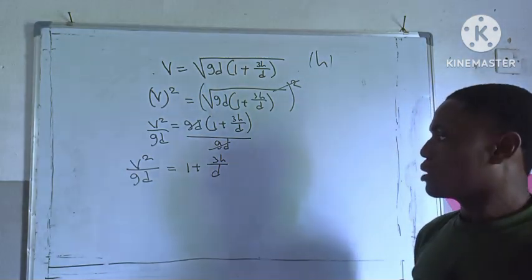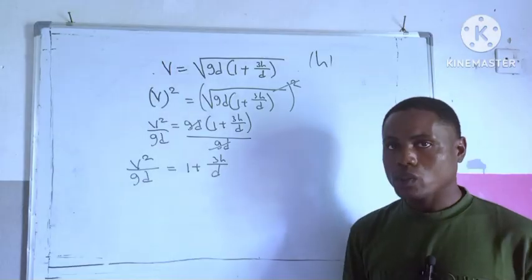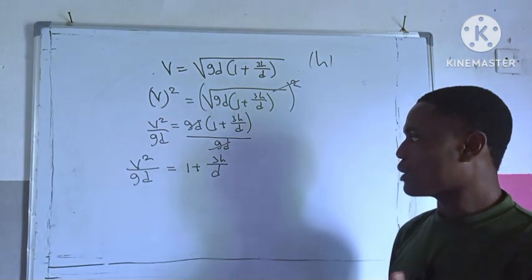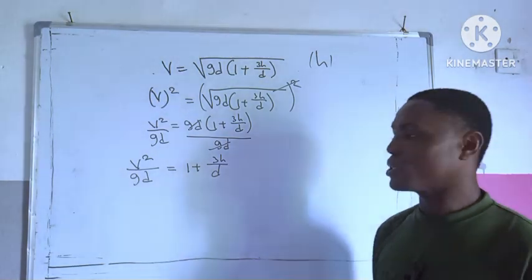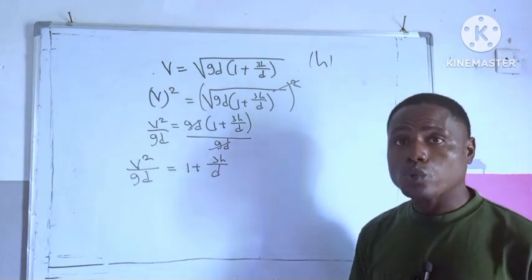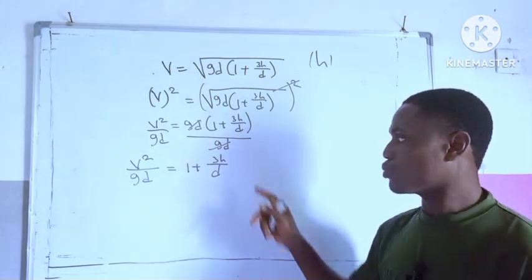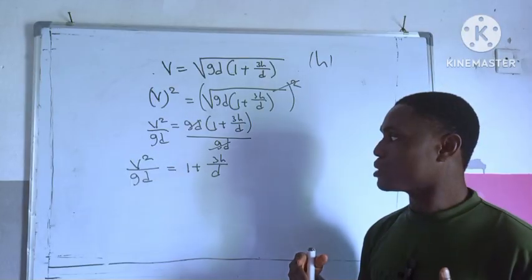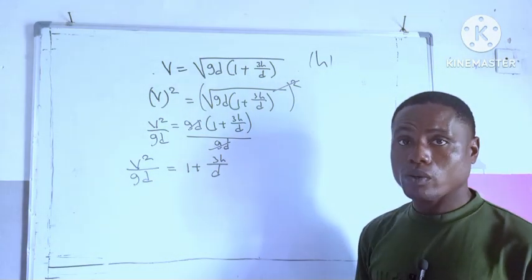All we are trying to do is make sure 3h stands alone, so that from there we can make h the subject of the formula.